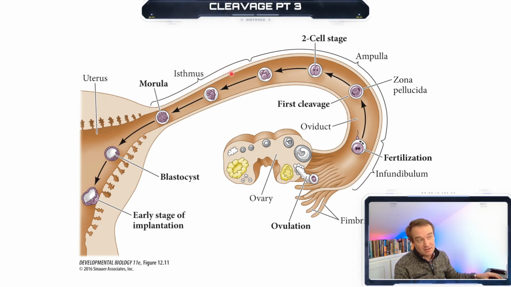Generally the pregnancy needs to be aborted because there's not room for a baby to grow here, and it's dangerous to the mother. Essentially both the mother and child could die if that pregnancy is allowed to continue. So generally it needs to be down in the uterus.